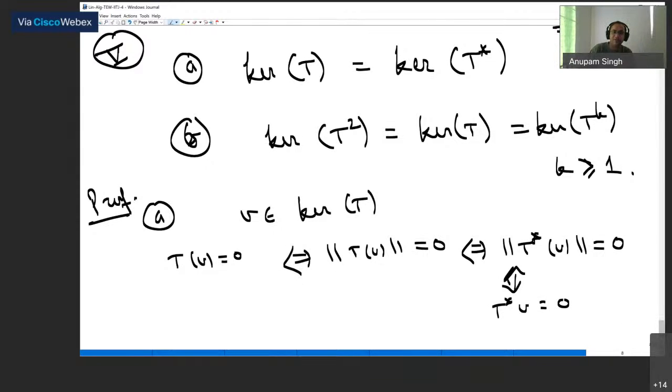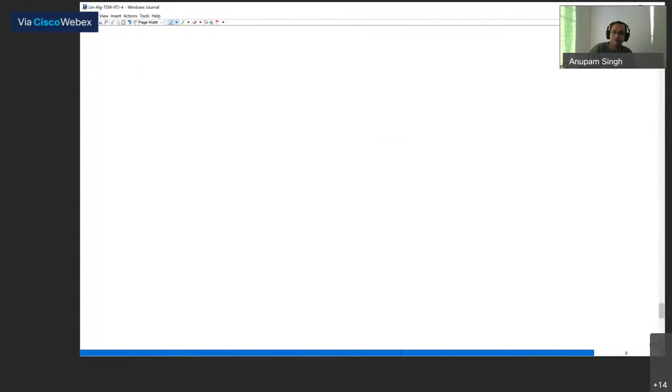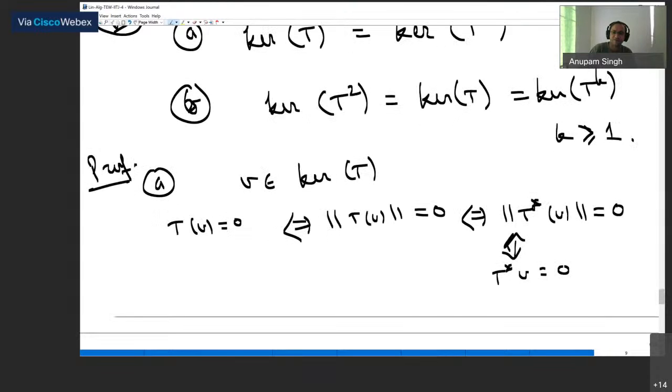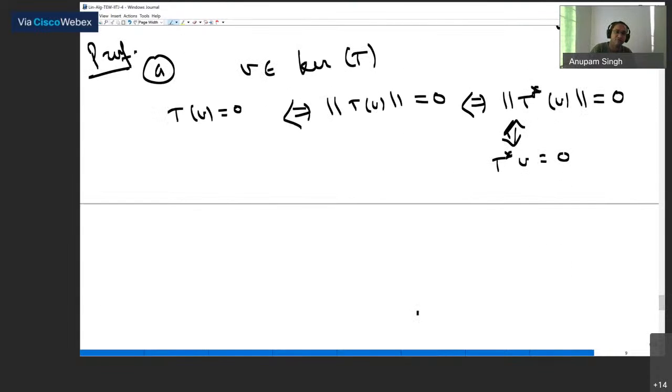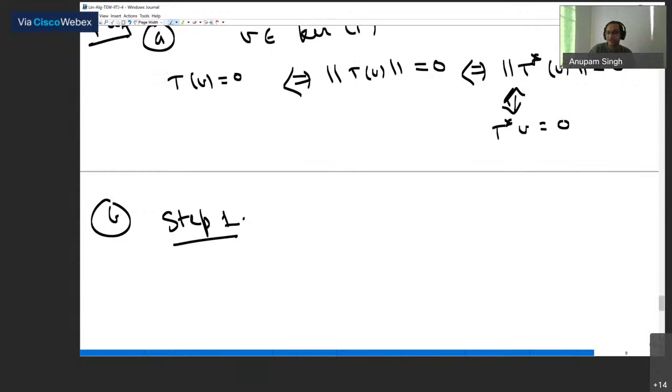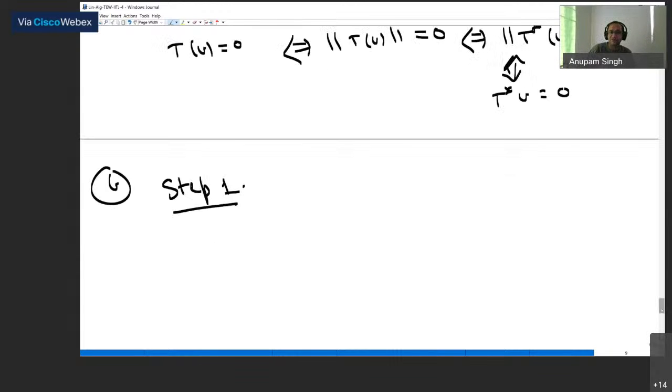Part B requires a little bit of proof, and let's do that. So proof of part B, we'll do in 2 steps. So step 1 says that this is also a property of a normal operator.